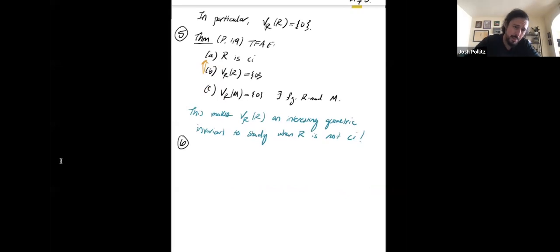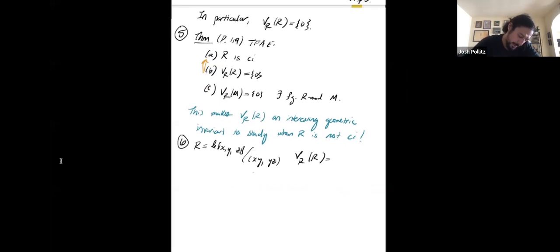So maybe some examples that witness this. Let's say R is K[X, Y, Z] mod (X, Y, Z) squared. If I look at VR of R, where does this even live? There are 2 generators, so it lives in affine 2 space, and it turns out that this is the whole space.